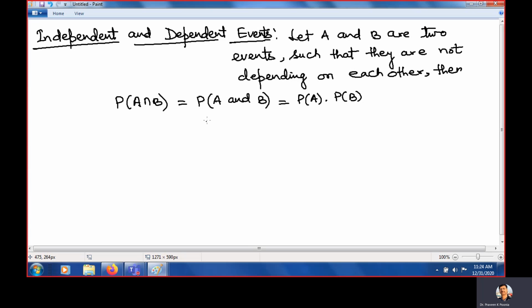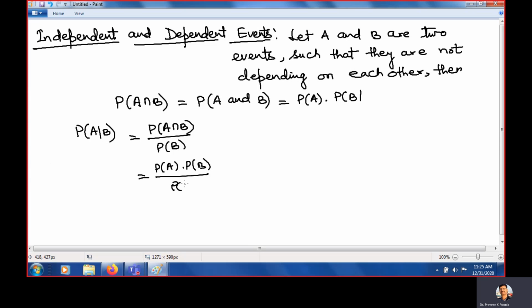And in case of conditional probability, if you want to calculate the value of P(A given B), as I explained, it is equal to P(A intersection B) upon P(B). For independent events, the intersection is equal to the product, P(A) times P(B), so the P(B) cancels and it is equal to P(A).